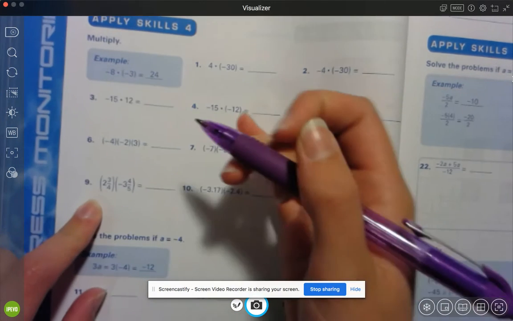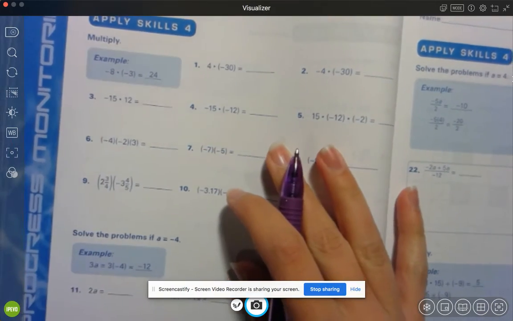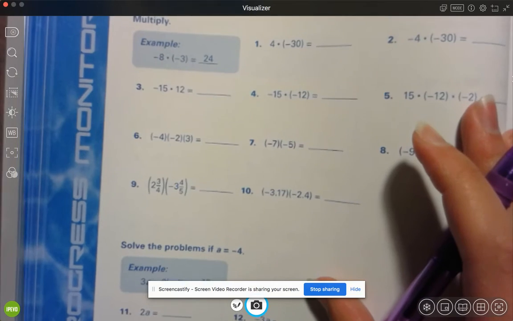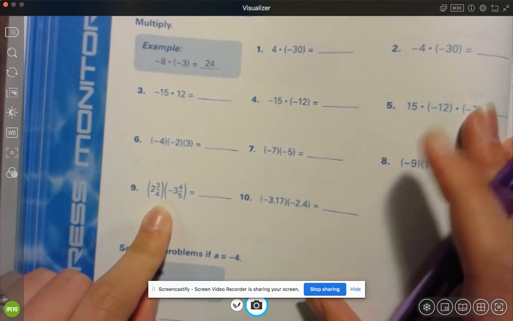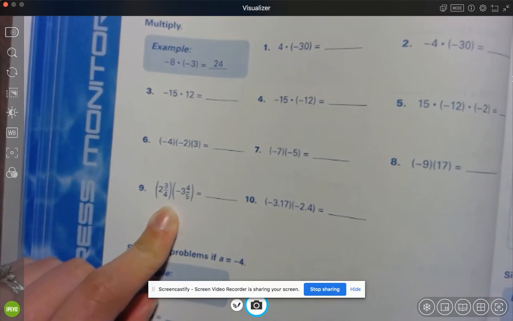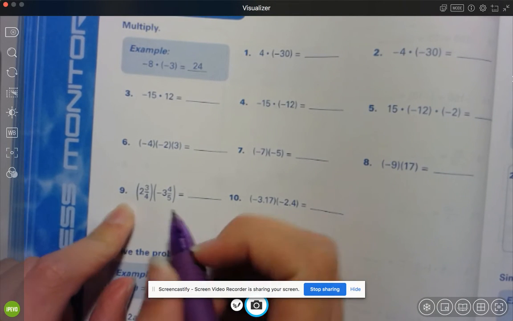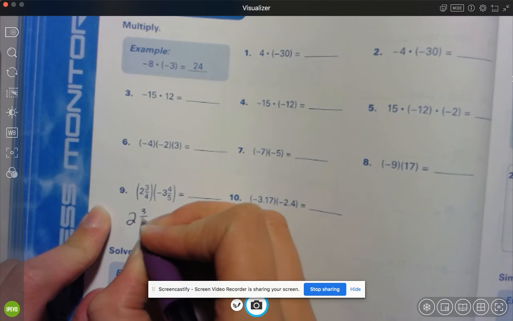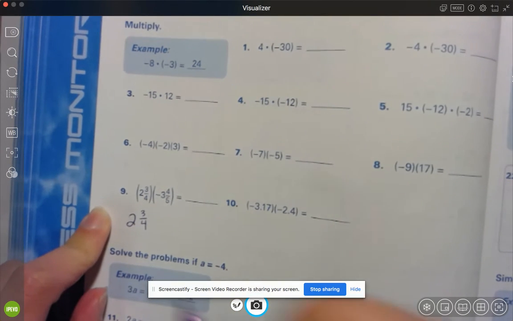So for number 9, we're given mixed numbers. Okay, number 9, we have some mixed numbers, right? We don't have these written as improper fractions. So I want to go over how to write a mixed number as an improper fraction. So I have 2 3/4.